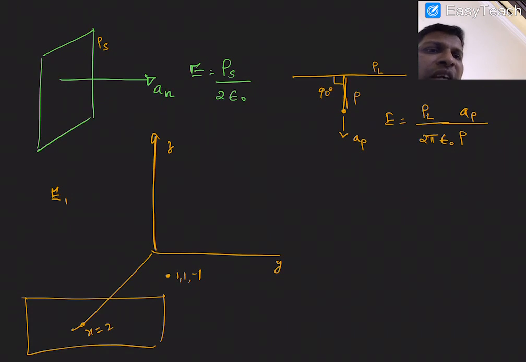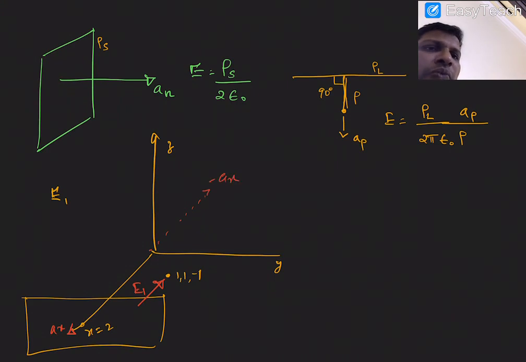So the plate number 1 will have the electric field like this, given as E1, and it is normal to the plane. This is the AX direction, so the direction of the electric field will be minus AX.